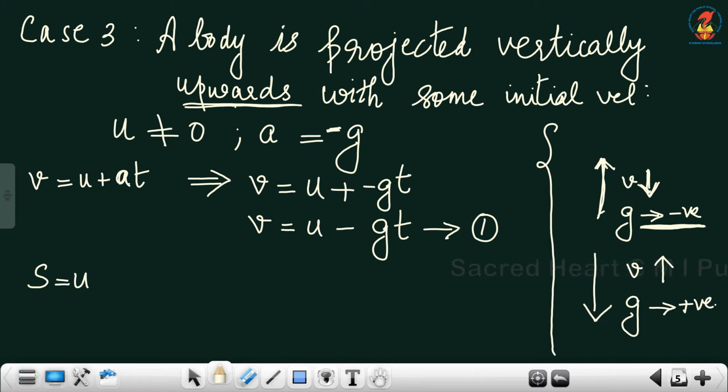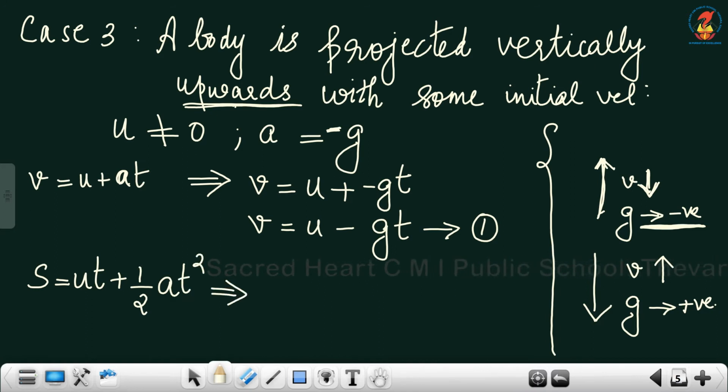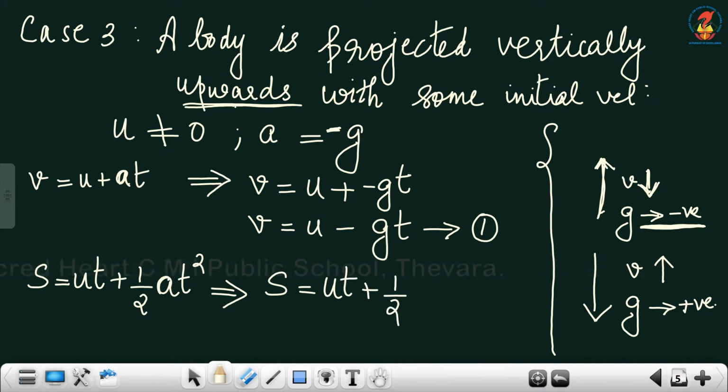Second equation of motion is s is equal to ut plus half at square, and it becomes s is equal to ut plus half, it is a. Here acceleration of the body is equal to acceleration due to gravity, and it is having a negative sign since it is moving upwards.